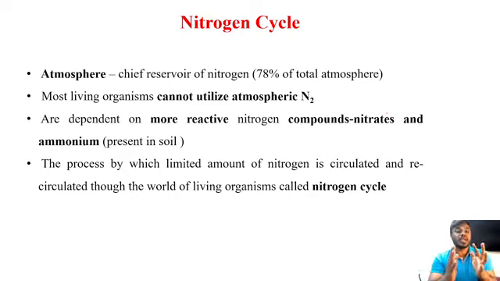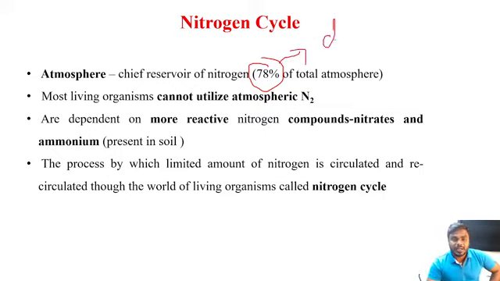Everyone listen to every single point whatever I am saying. But the point here is where nitrogen is present. Nitrogen is present in the atmosphere at 78%. But friends, all of you listen to my words very carefully. The nitrogen that is present in the atmosphere is chemically inert.